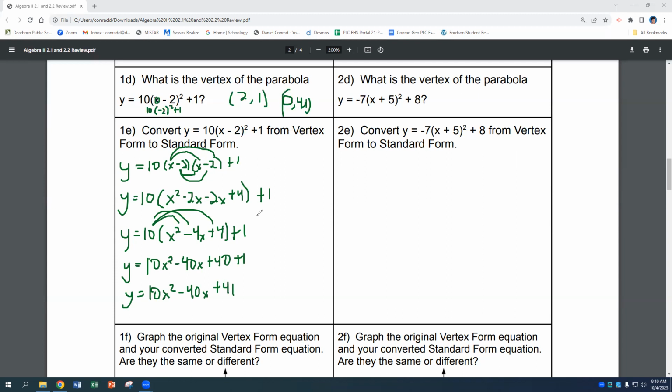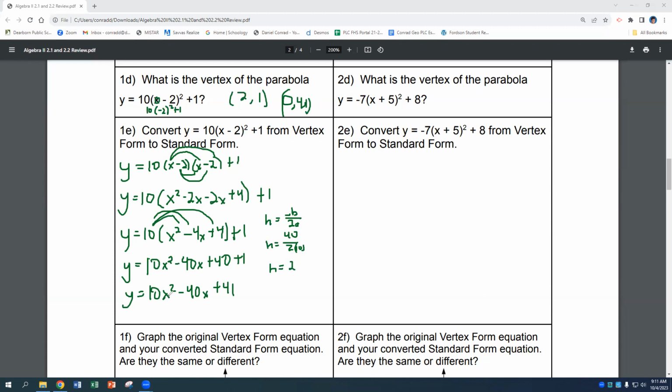If we look at it from standard form, h is going to be equal to -b over 2a. So h is going to be equal to the opposite of b, that's going to be 40 over 2 times 10. That gives me h equals 40 divided by 20, which is 2.